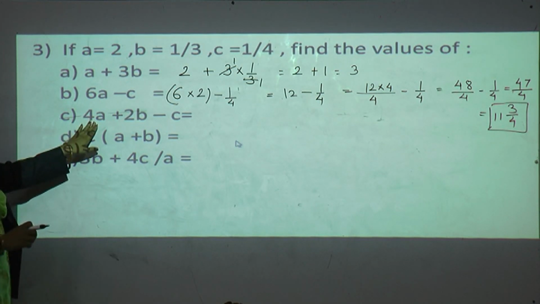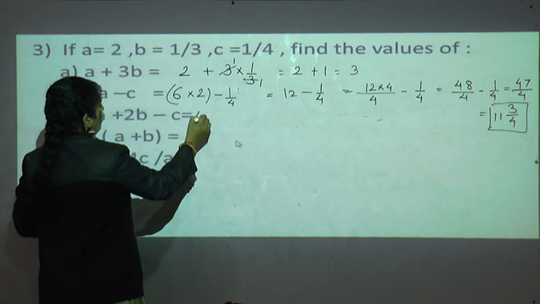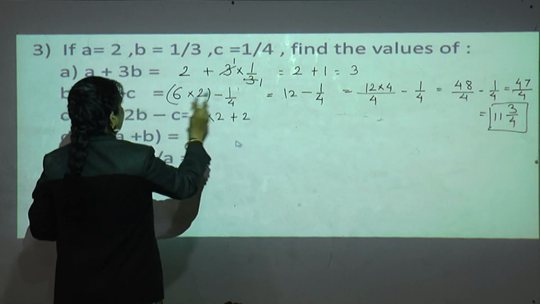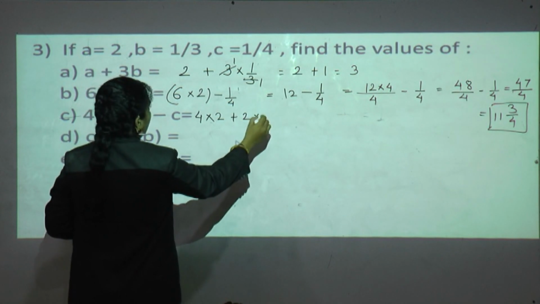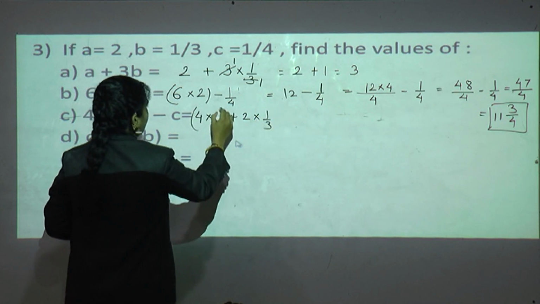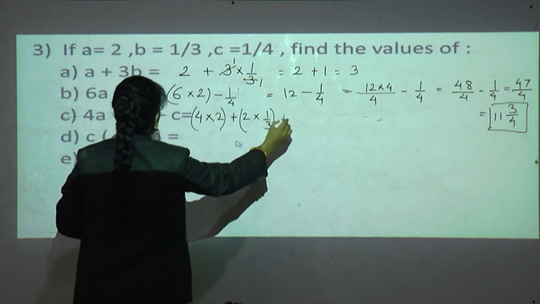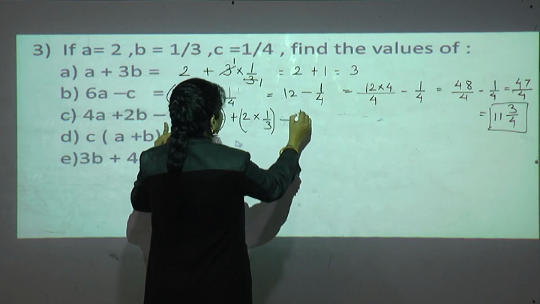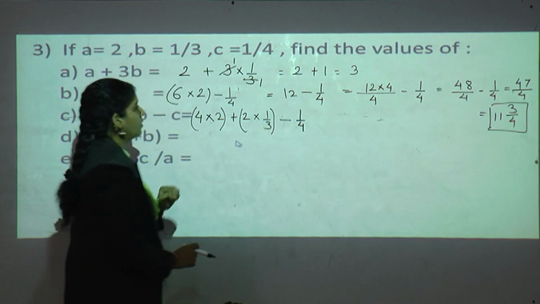Now 4a, that means 4 multiplied by 2, plus 2b, that means 2 multiplied by 1 upon 3, and minus c. C is 1 upon 4. Okay.